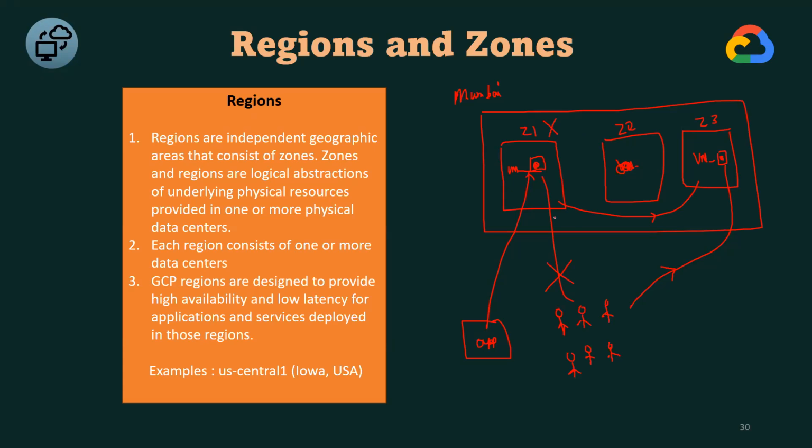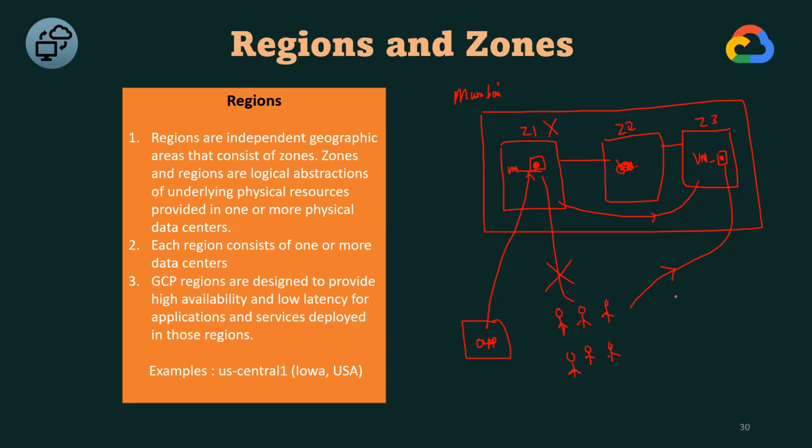This is the reason each zone is connected. So whenever you deploy, you select your location as multi-zone so that your application is replicated to multiple zones via a high bandwidth network, and is highly available.